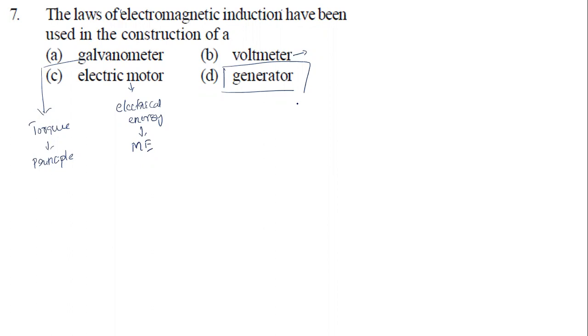As we rotate, the flux linked to the coil is going to change. As the flux changes, it will give us EMF. That EMF is what we call induced EMF. This is based on what? Electromagnetic induction, or Faraday's laws. So option D is the right answer for this question.